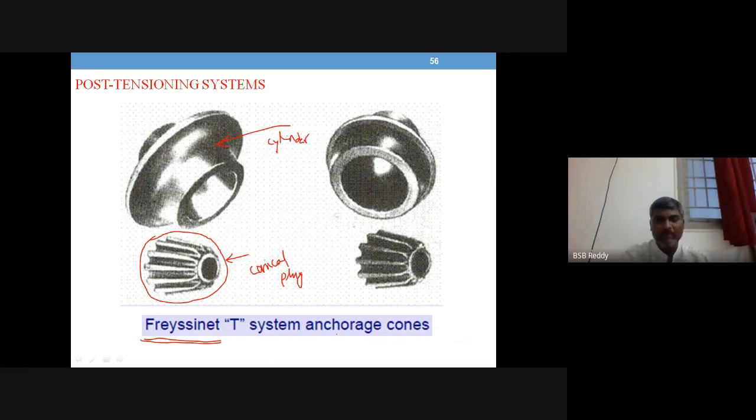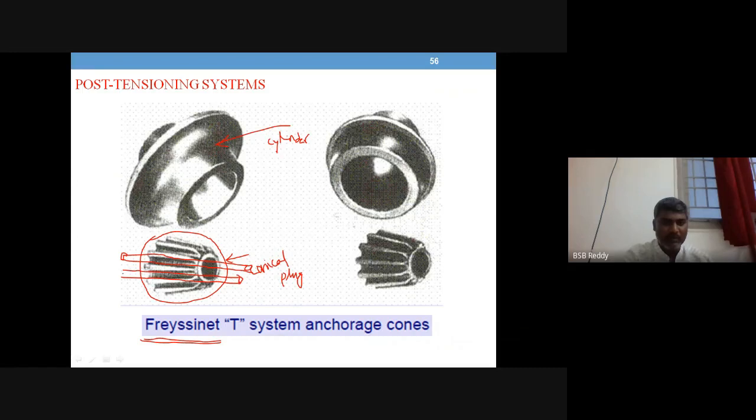These are the Freyssinet system anchorage cones. Like you see a slot here, where the high tension steel wires will be placed. Similarly here.